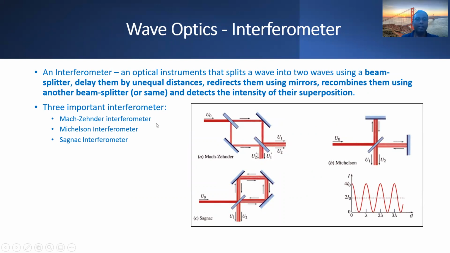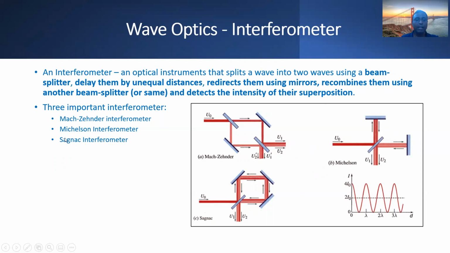One is the Mach-Zehnder interferometer shown here, which has two mirrors and two beam splitters. When the ray is transmitted, it gets split here, then gets reflected by the mirrors, and then recombines on the other beam splitter.